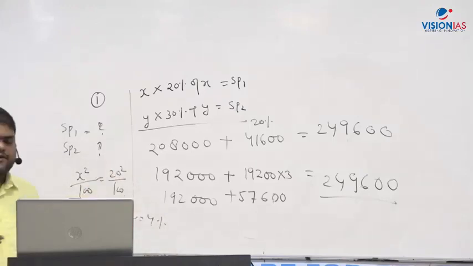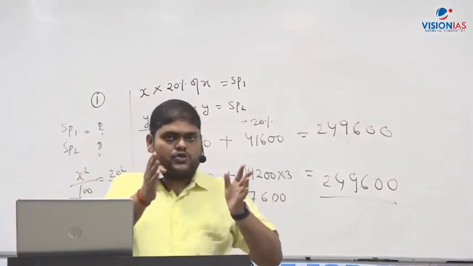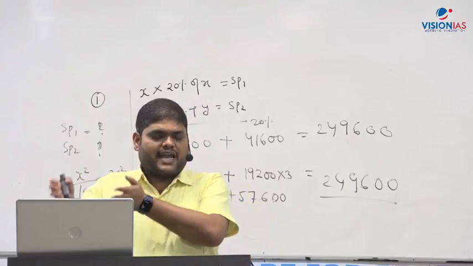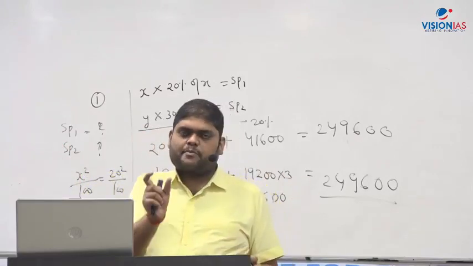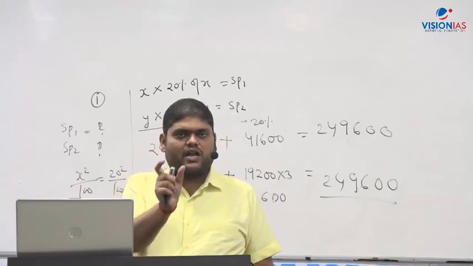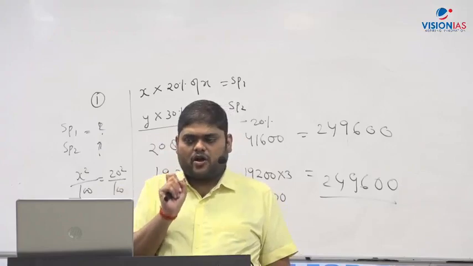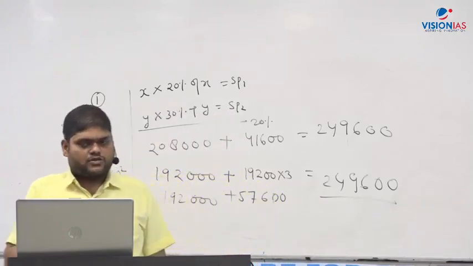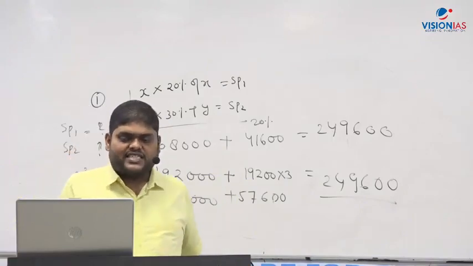Check yesterday's notes. Yesterday I asked you to draw a line, two problems. In one, cost price was given, in one, selling price was given. And in selling price, if the selling prices are equal, and loss and profit percent are equal, then there will always be a loss. So that 4 is coming from there. You can go and check yesterday's notes.